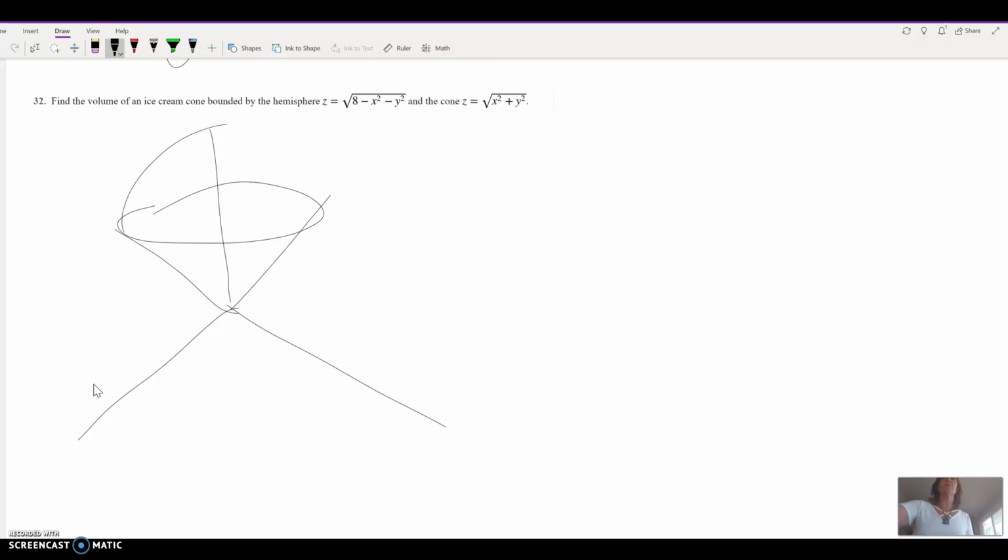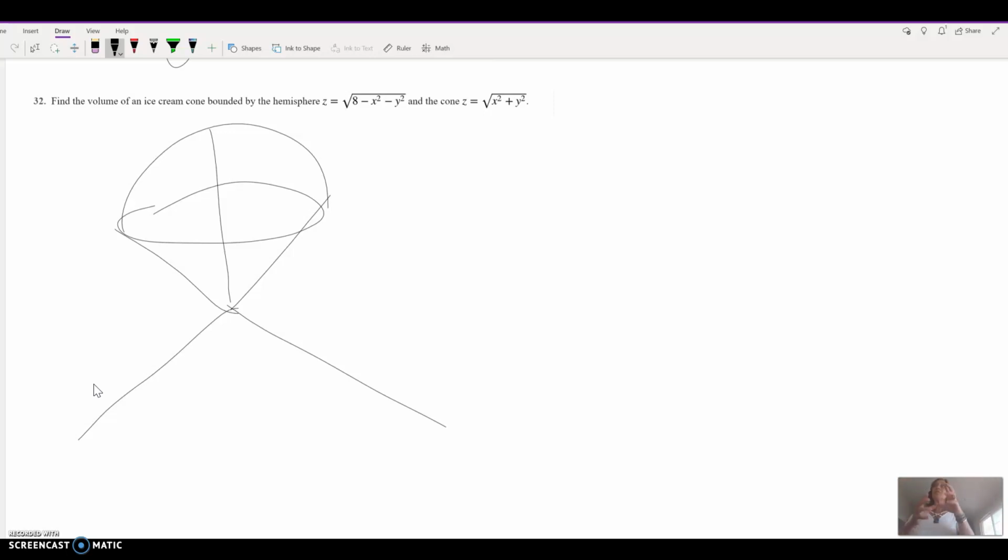So this is my ice cream cone on the bottom, hemisphere on the top. Clearly, most ice cream cones are not perfect hemispheres, right? There's actually a whole sphere of ice cream, hopefully, unless you got cheated with it going into the bottom of the cone. But we're just looking at the volume in between the top hump of the ice cream all the way through to the bottom of the cone. We're assuming our ice cream scoop sits exactly on the cone, such that there is exactly one hemisphere of ice cream above the cone, and that the circumference of my ice cream scoop is exactly the same as the cone.